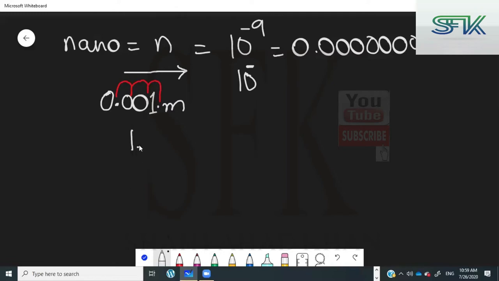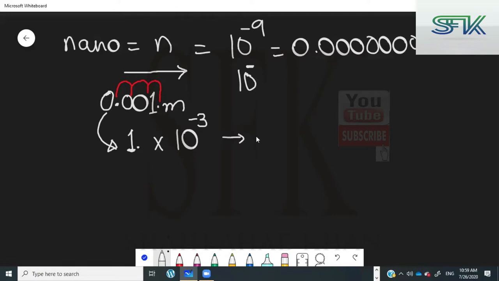Actually, it's just 1 because when the point is at the right hand side, it has no value. This is the whole number that we have. Now, it jumped by 3 digits, so you're going to multiply this 1 by 10 to the power of 3. But remember, it has moved from left to right, so this 3 would have a negative sign. This is how you convert a normal number into standard form first.